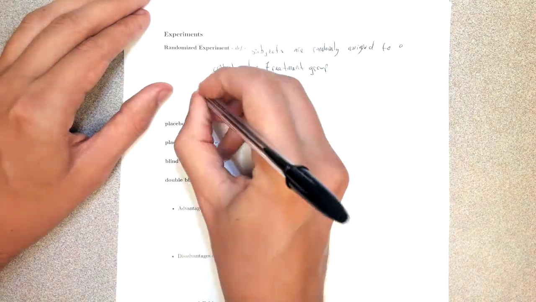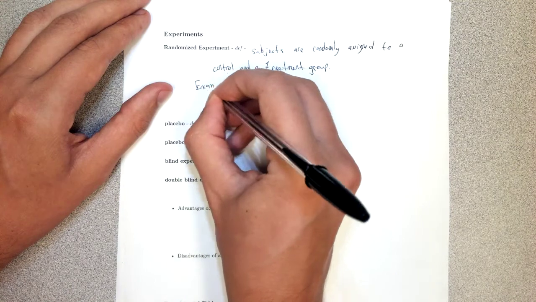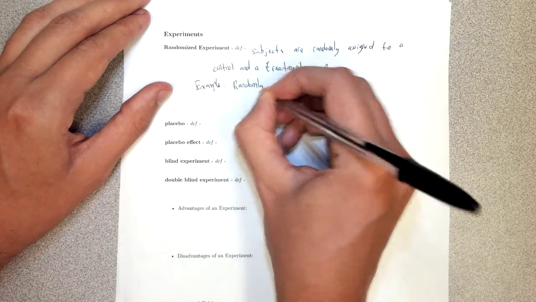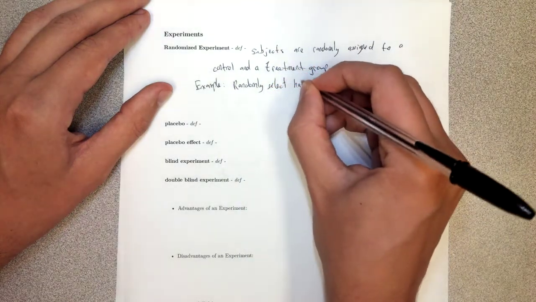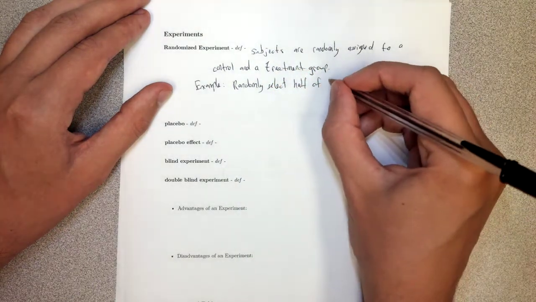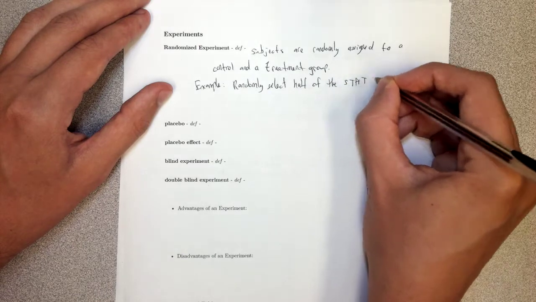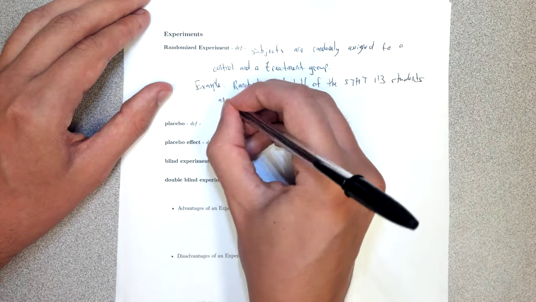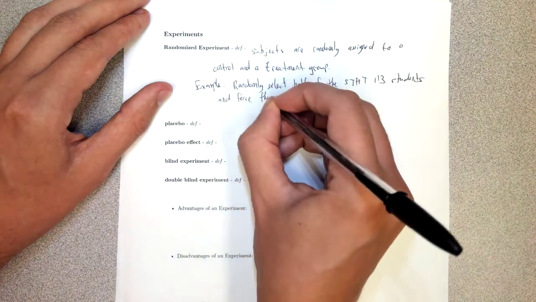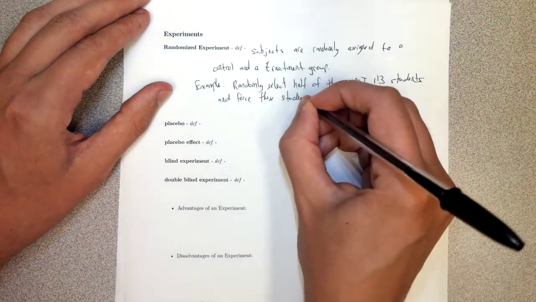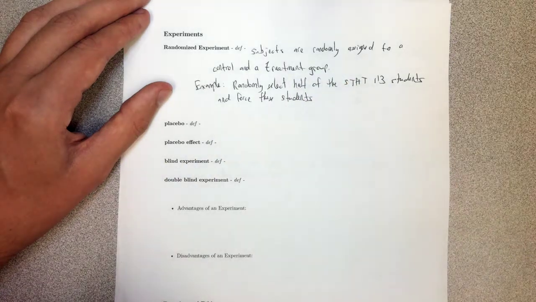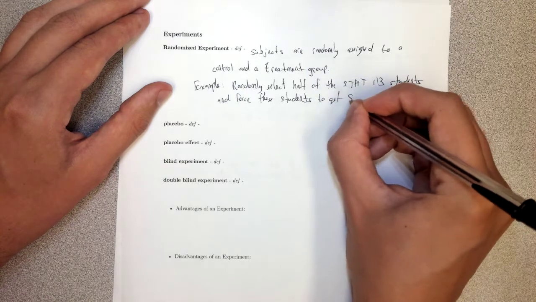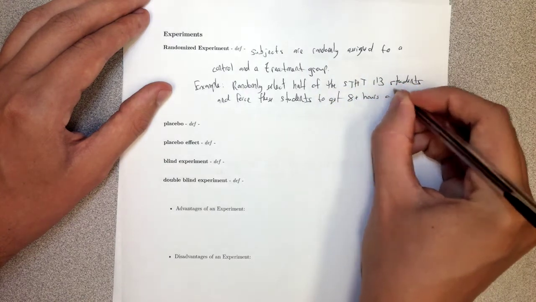In our sleep example, we might randomly select half of the Stat 13 students, and then force these students to get 8+ hours of sleep. I think we defined 8+ hours as getting good enough sleep.